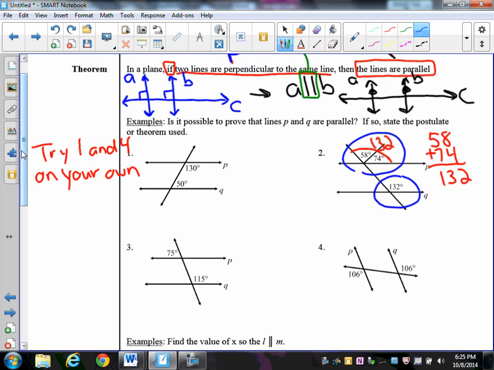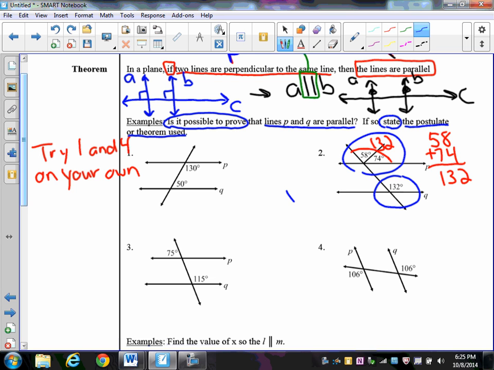Before I move on, I didn't really read the directions very well, did I? It says, is it possible to prove lines P and Q are parallel? So are lines P and Q parallel? If so, state the postulate or theorem used. So, are these parallel lines?